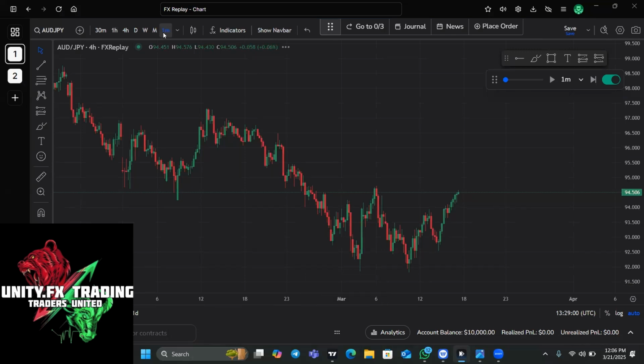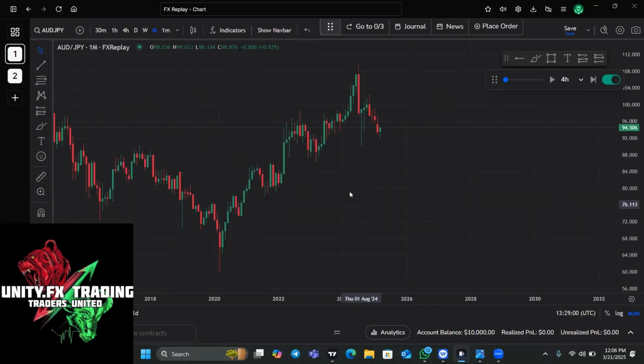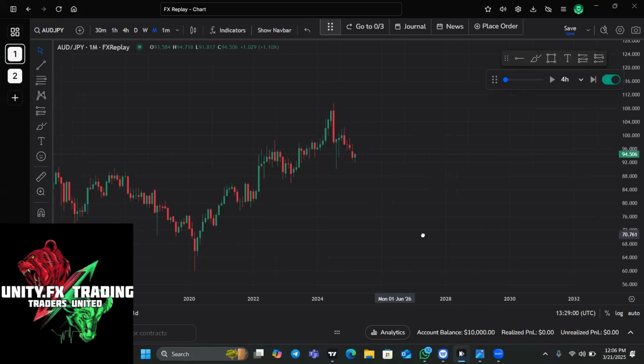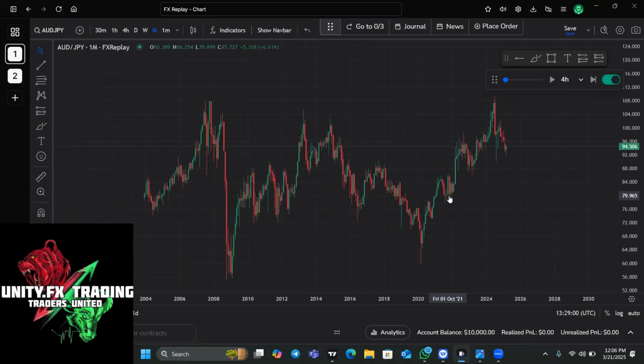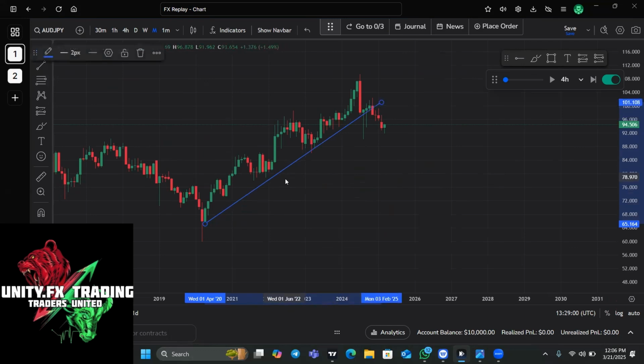If you can just go to the monthly chart. As you guys can see, on our monthly chart, although I don't like using it, but just for basic structure purposes, we did have a break of structure here.